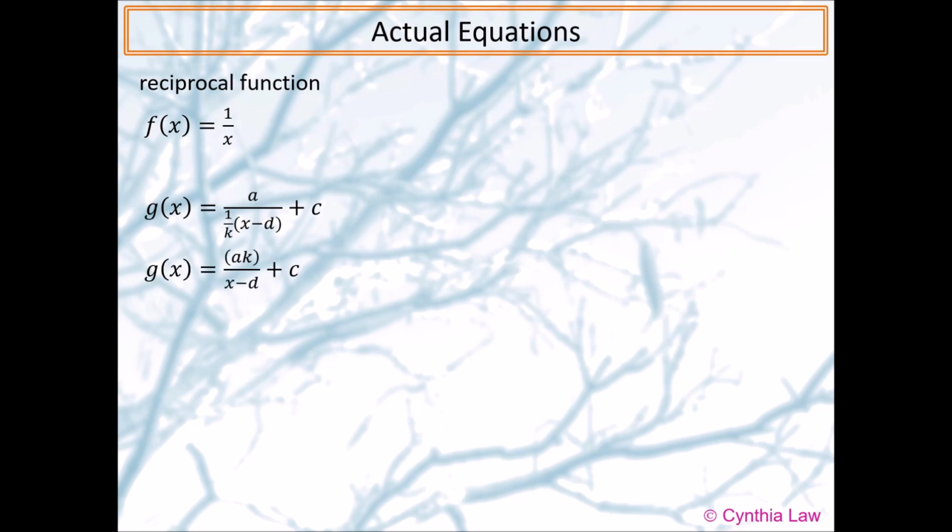If I take g(x) and simplify it, then a over 1 over k is going to give me a multiplied by k. And then everything else stays the same. If I let a₂ equal a times k, then I have g(x) = a₂ over (x − d), and then we add c at the end.